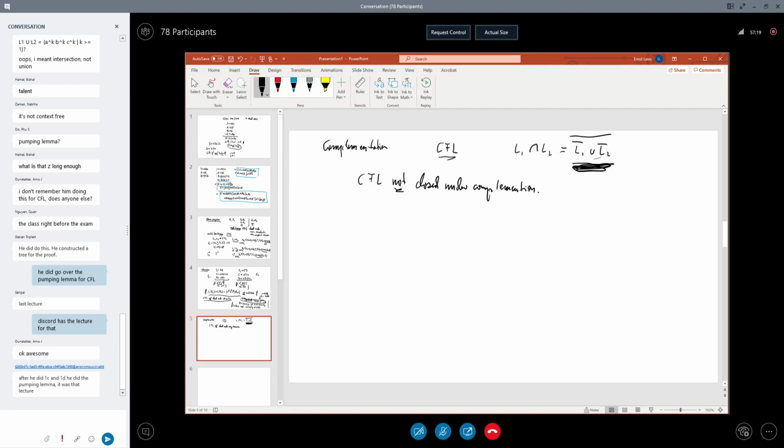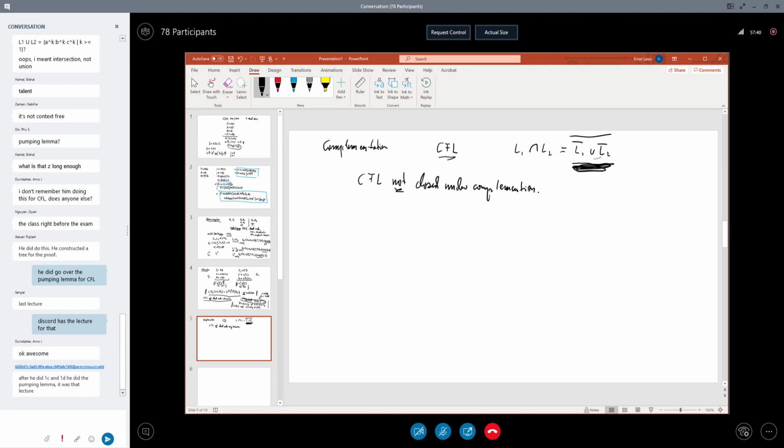So, whereas in the case of regular languages intersection and complement work, if you start with a regular language and you complement it, you get another regular language.